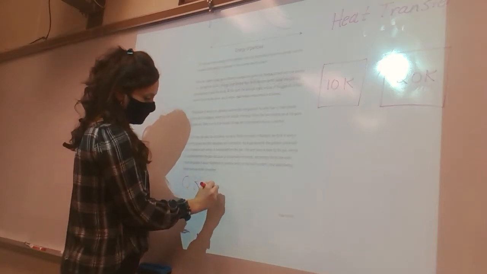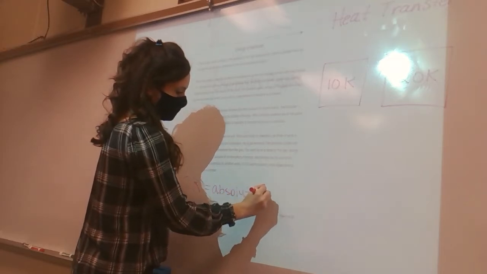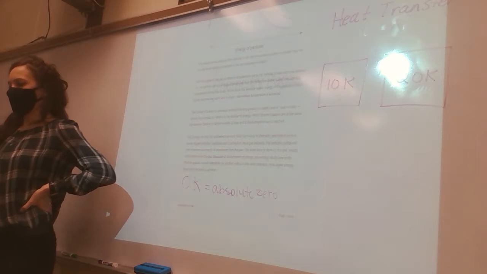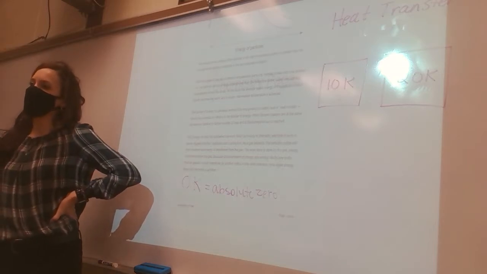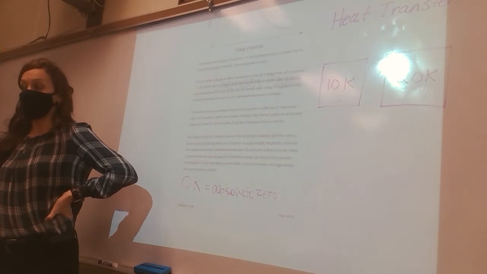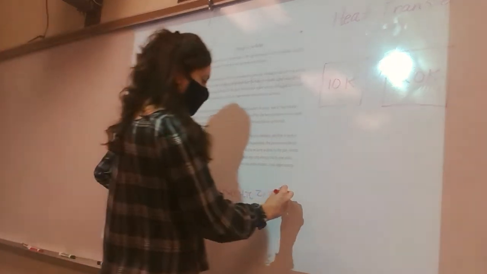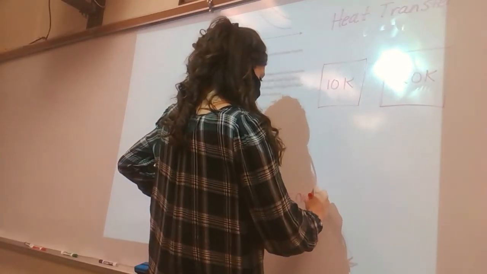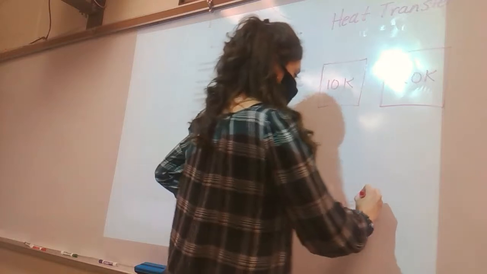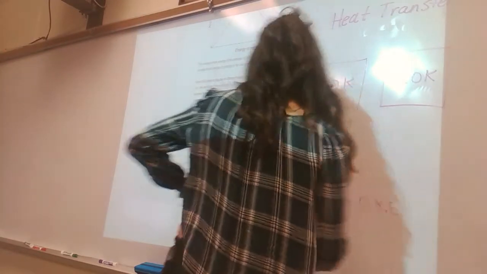Zero Kelvin is absolute zero. What happens at absolute zero? There's no motion. The particles stop moving. So absolute zero means no motion. And no motion means that the kinetic energy is zero.